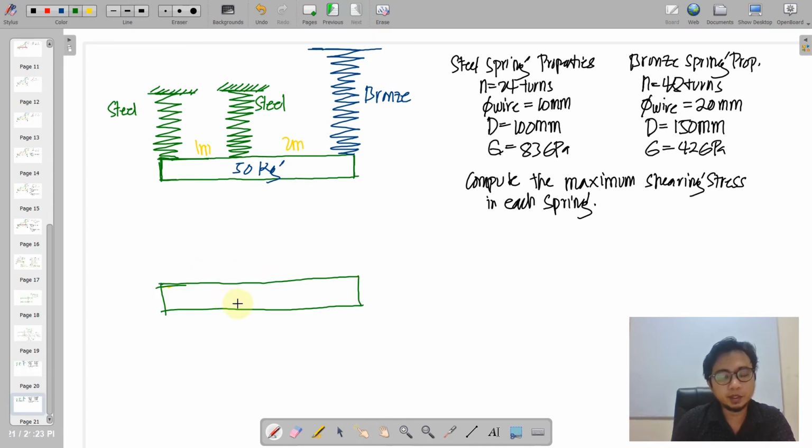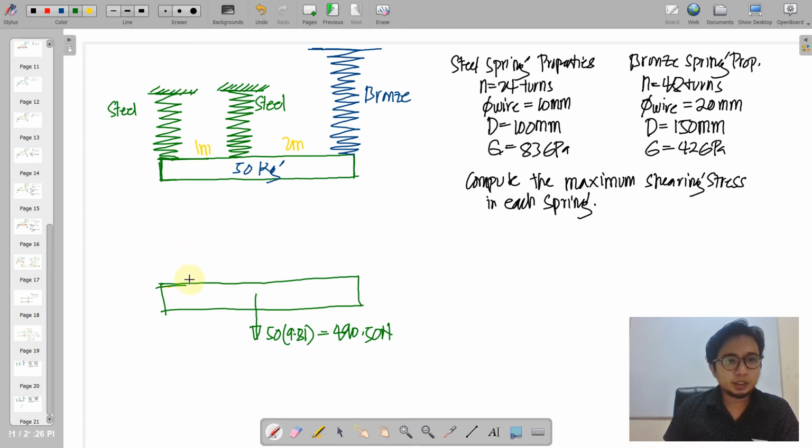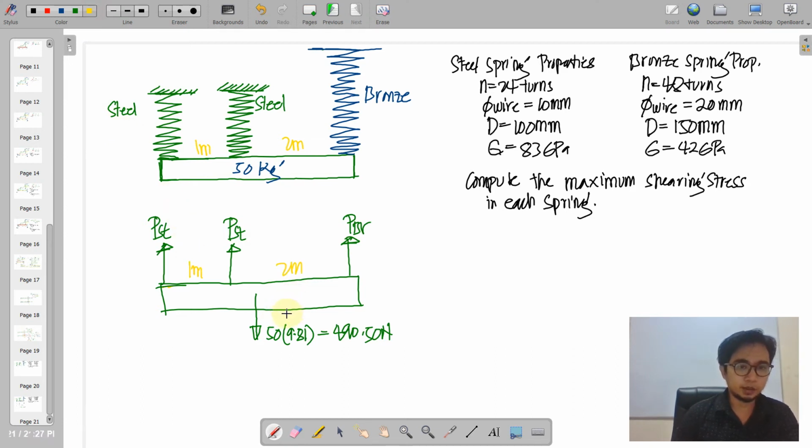As for the FBD, this is the platform. We derive the weight. This is just a mass, 50 kilogram times 9.81 to make it a Newton weight. So we have 490.5 Newton. And of course, this should be resisted by 3 forces here. Say we have 2 P of steel and P of bronze. Take note of the distances, 1 meter and 2 meter there. We can derive an equation by taking moments at this point.